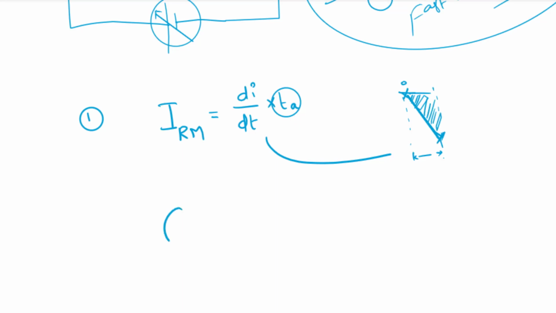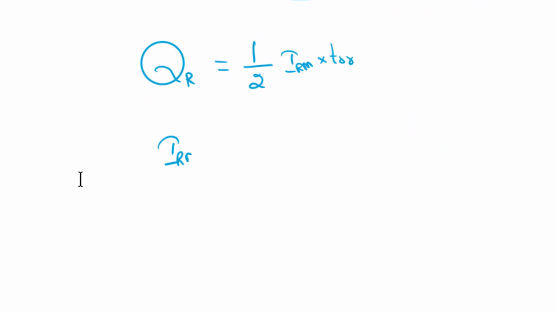So the charge recovery QR is equal to half, length into breadth, so IRM into TRR, because the total is TRR. I am taking only half of that. From this you calculate the IRM value. IRM is equal to 2 into QR by TRR.